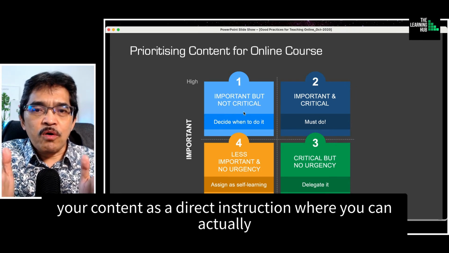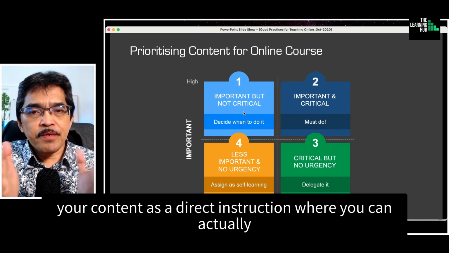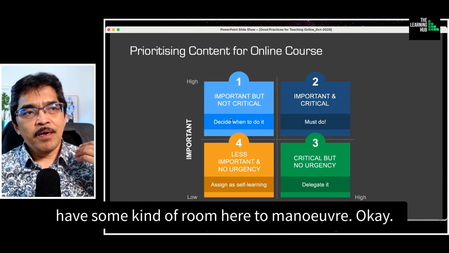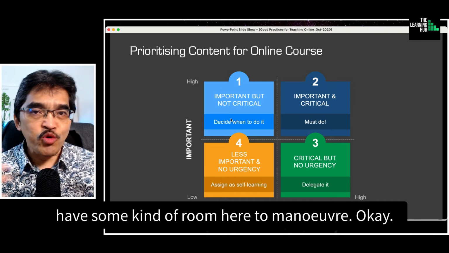So you can actually have some room here to maneuver.